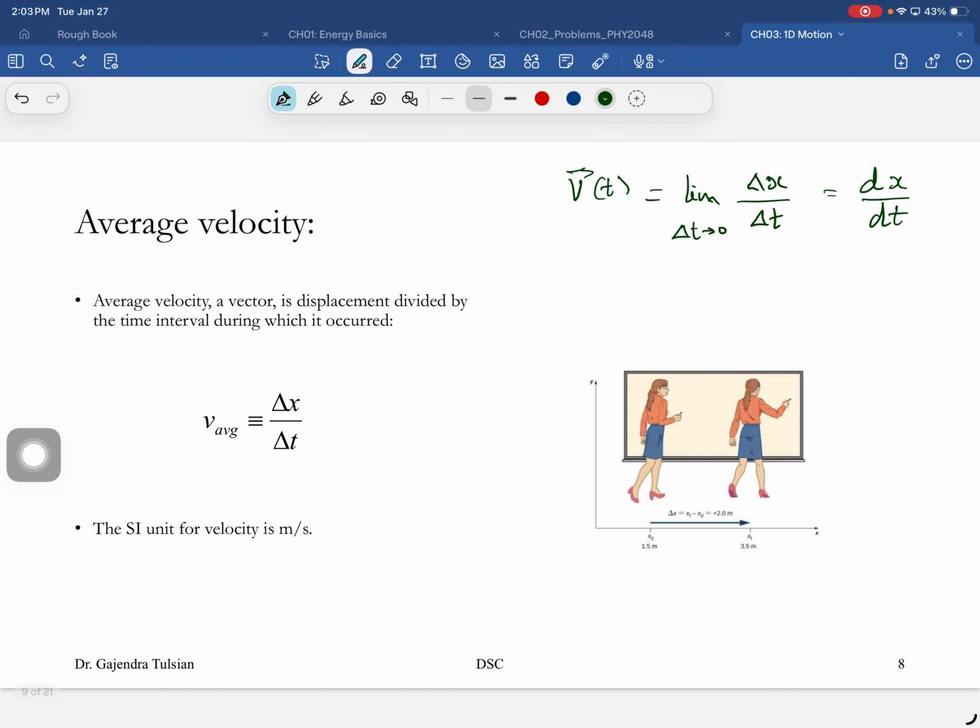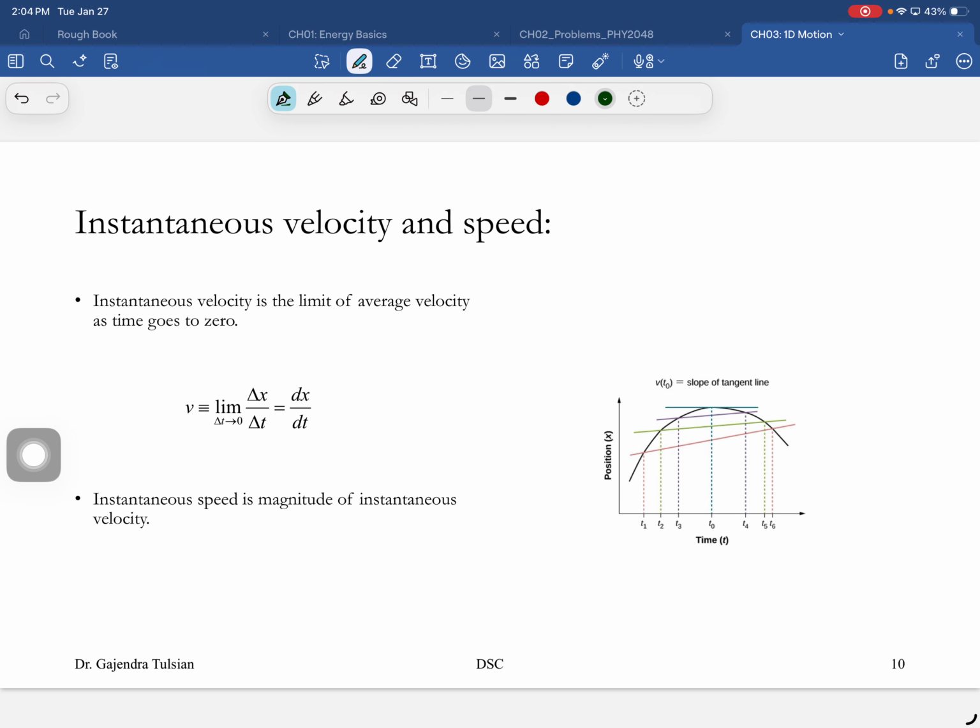Right now we're dealing with one-dimensional motion. Let's say this is your velocity vector. Are you accelerating? No. Now, are you accelerating?